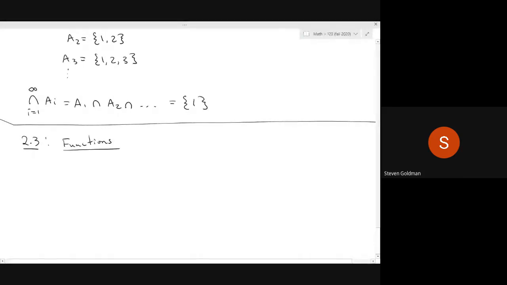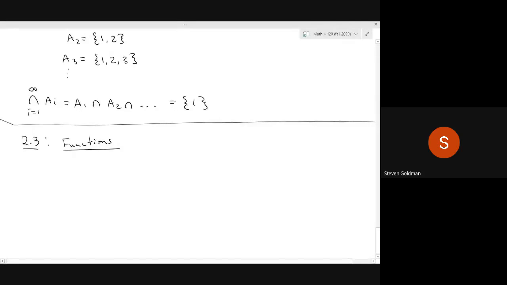Functions are used throughout mathematics and throughout a bunch of other different areas, a bunch of different disciplines. I'm sure almost all of you are familiar with functions, if not all of you. We're going to start this section by giving the formal definition of what a function is, and we're going to define functions using sets.